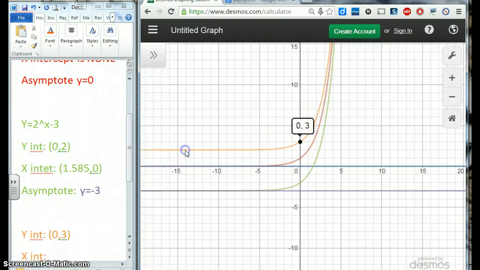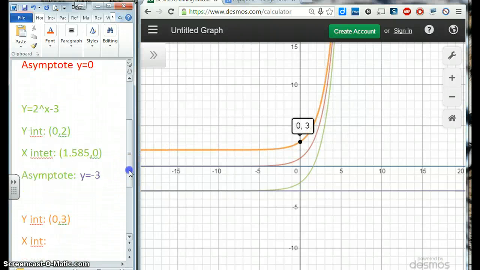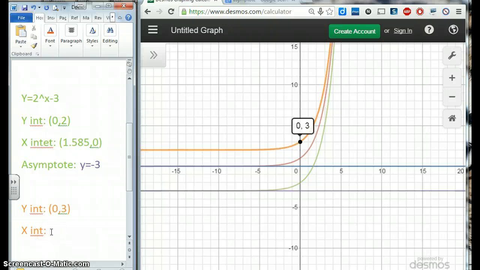Look at that. See? It'll never reach the x-axis. It goes up high, but it never reaches the x-axis. So this one doesn't reach, right? There is no intercept for the x, only the y.